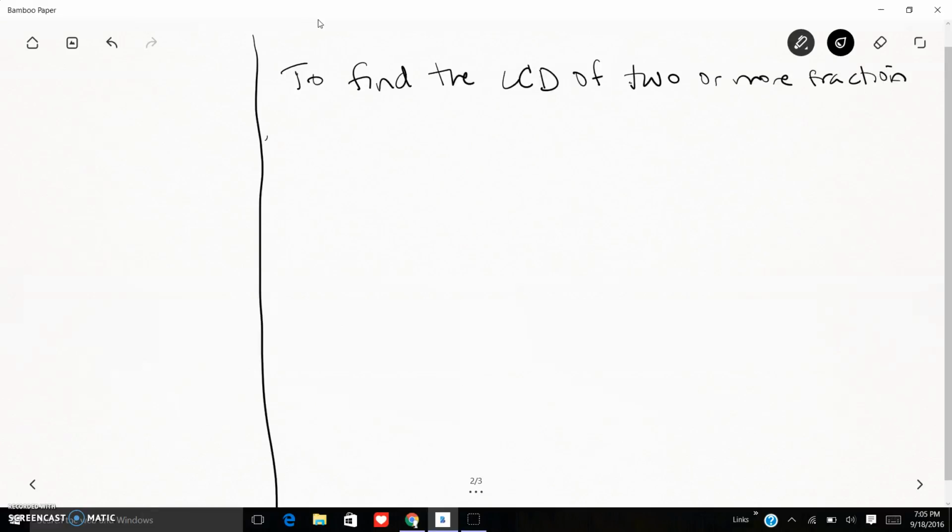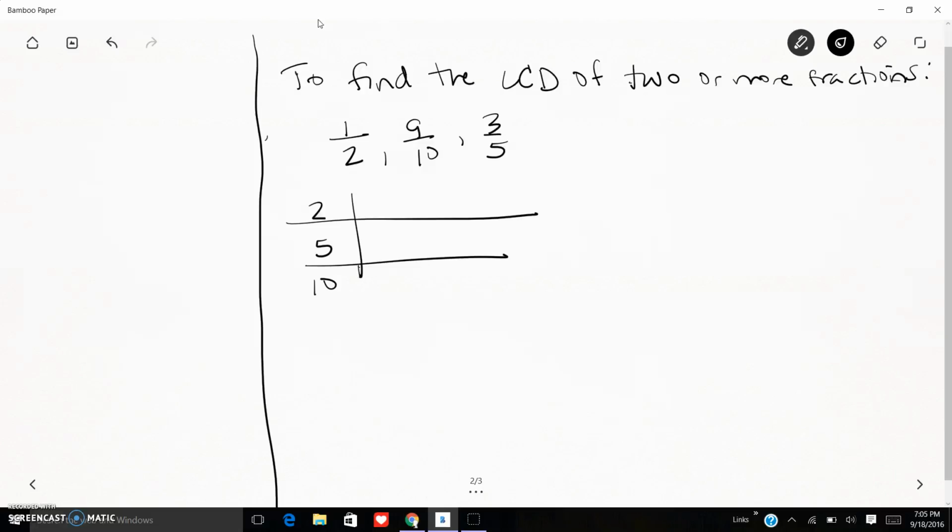All right, so let's assume that I have these two fractions. To find the LCD of two or more fractions, first step is just going to list the multiples. So I have 1/2, 9/10, and 3/5. And I'm going to list the multiples of 2, 5, and 10 till I have common multiples.